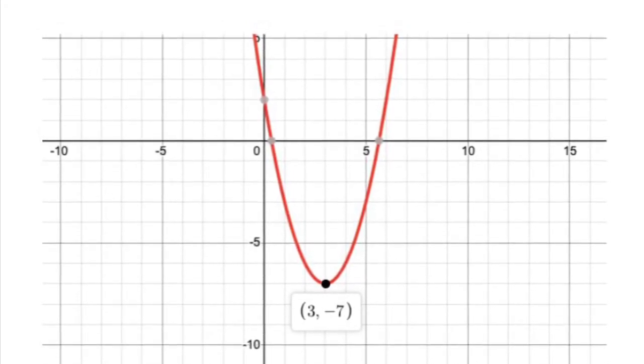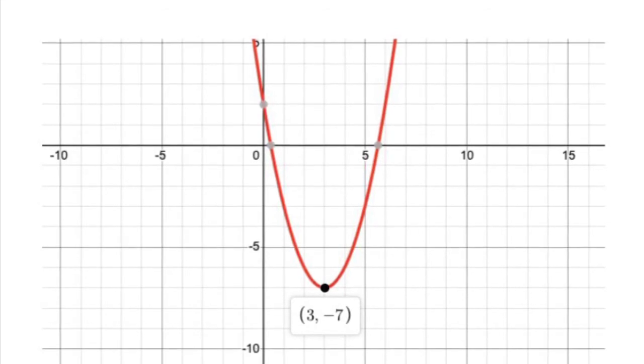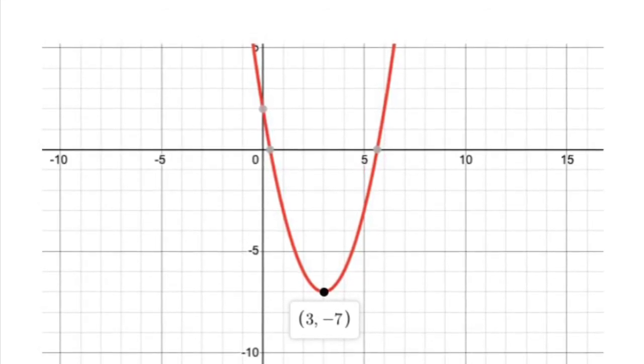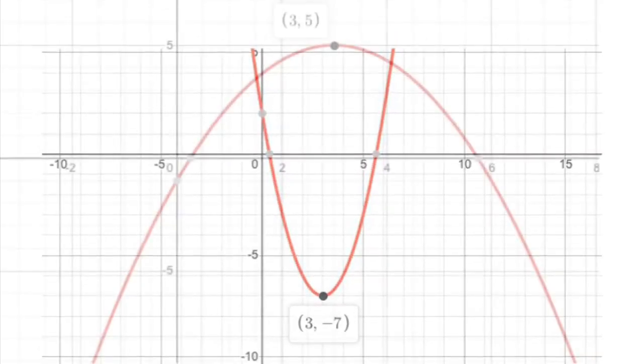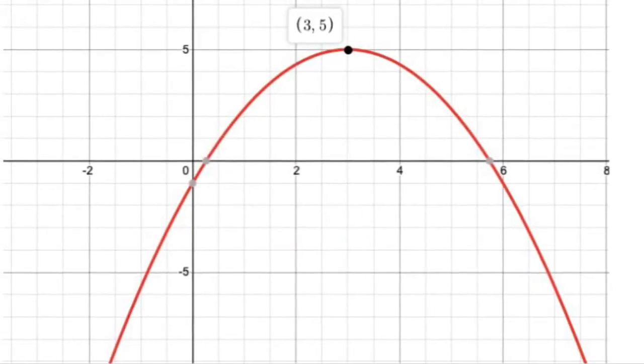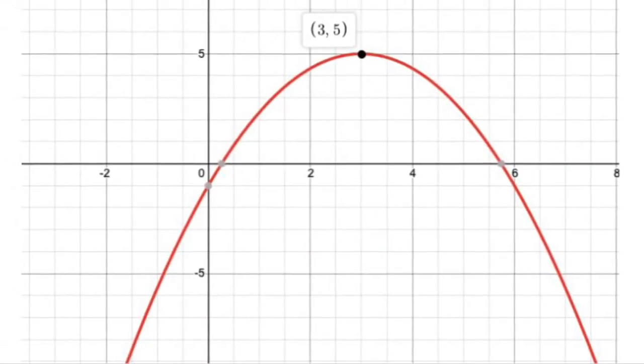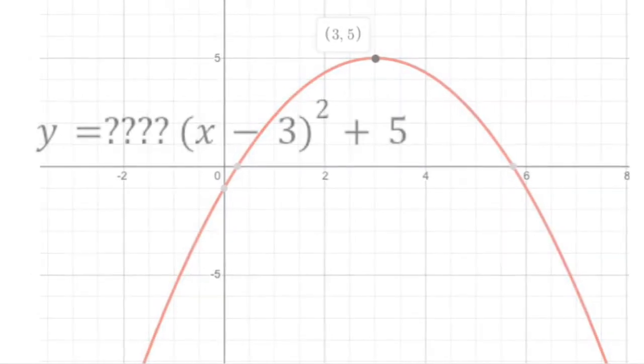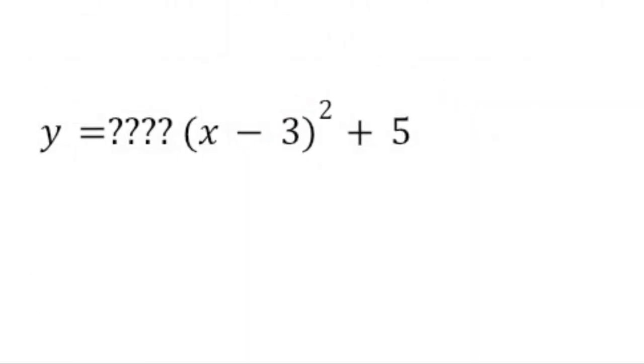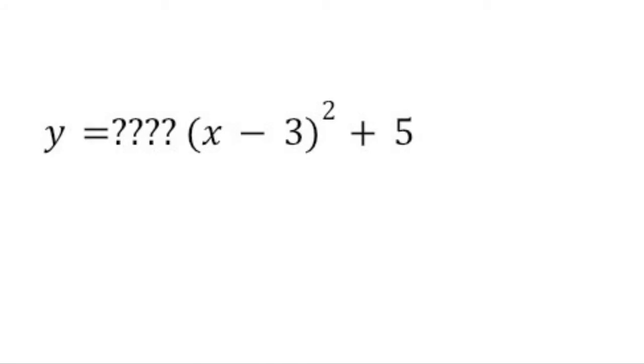So now let's look at question number 13 from the textbook. And we can see that if we look at 13 in the textbook, the vertex is actually at 3, comma 5. So now we need to go backwards. So instead of plus 3, we know it needs to be minus 3. And then the plus 5 needs to stay the same.